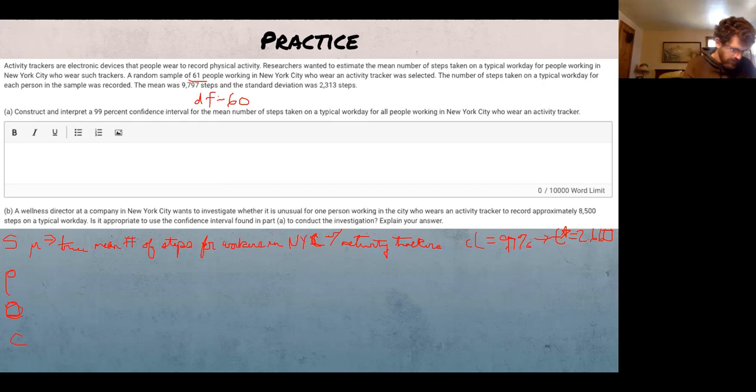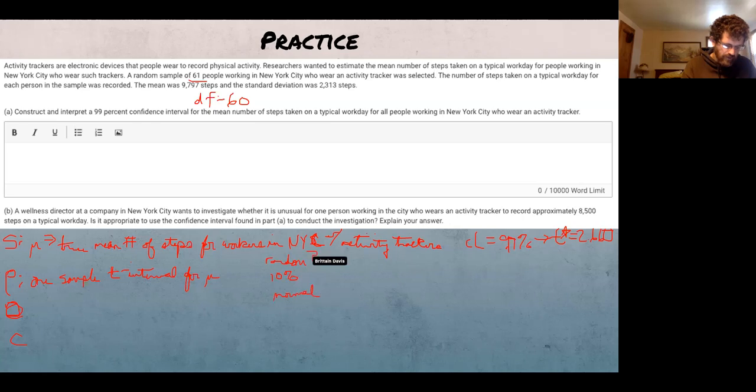Planning. I'm going to use a 1 sample t interval for mu, and I need to determine if it's random, 10%, and normal.